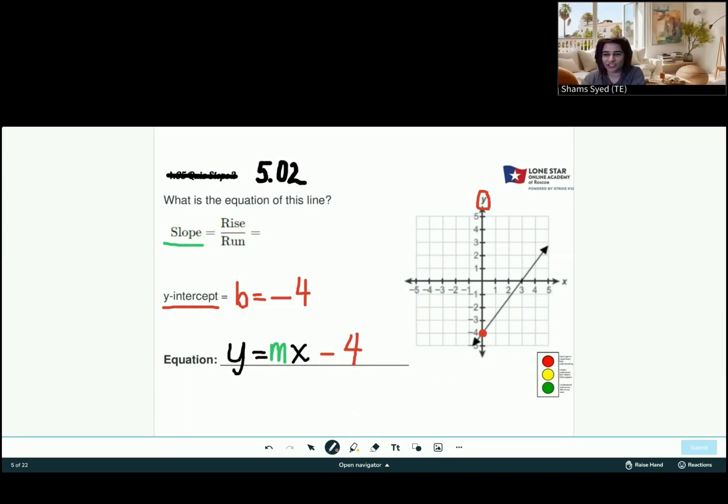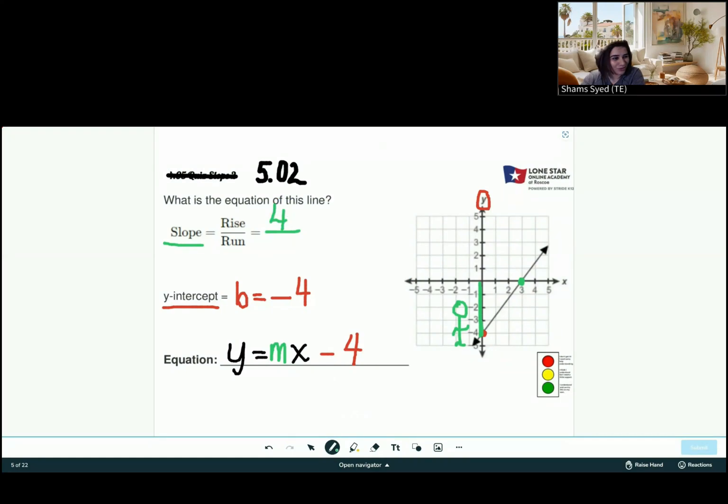Got it? This is a partial equation. As long as you can tell a y-intercept, you get a partial equation. Now we need the slope. For slope, I need one more point. Here is my one more point. Got 2 points. I will do rise over run. Stick figure always has to start from the left side and try to go to the right side. Stick figure is going to go up. That is called rising. How much did the stick figure rise?